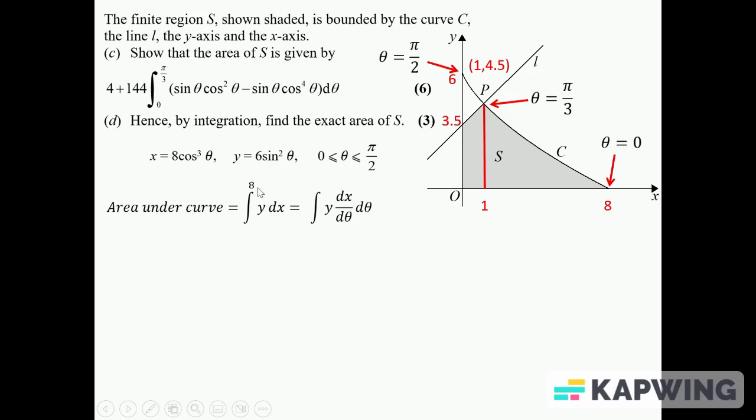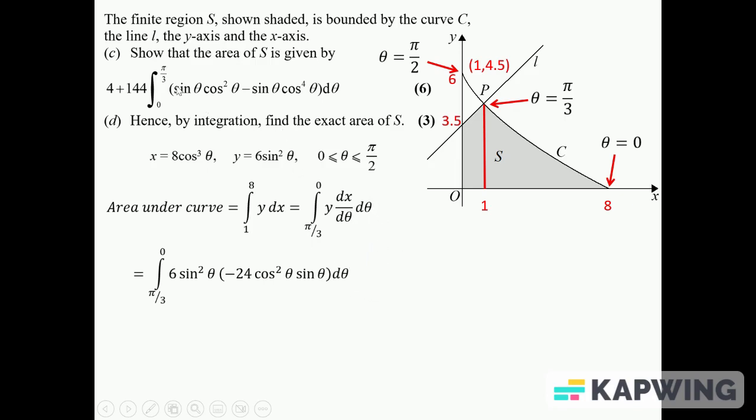Now I'm going to integrate the curve between 8 and 1, and the corresponding theta values are 0, where x is 8, and where x is 1, theta was pi over 3. So the y then is just the 6 sine squared. The dx over d theta, we did that before when we differentiated the curve. It was minus 24 cos squared sine theta, and then with the d theta in front.